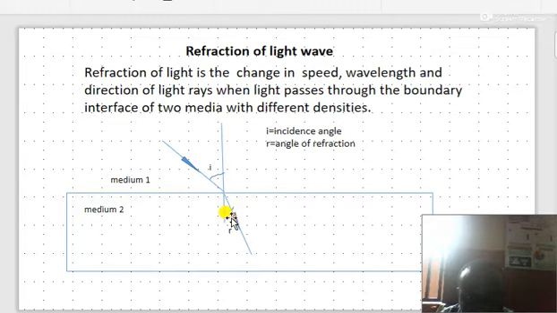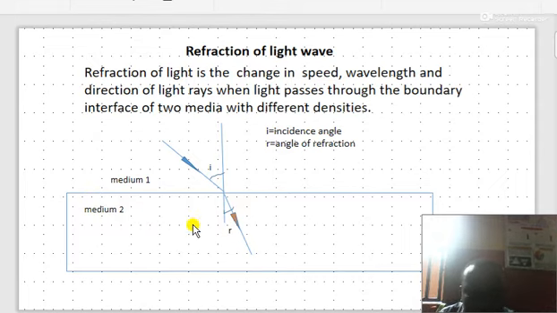The angle it makes with the normal inside the new boundary or new medium, that angle is called R, meaning angle of what? Refraction. Here, as you can see, is the second medium, medium 2.